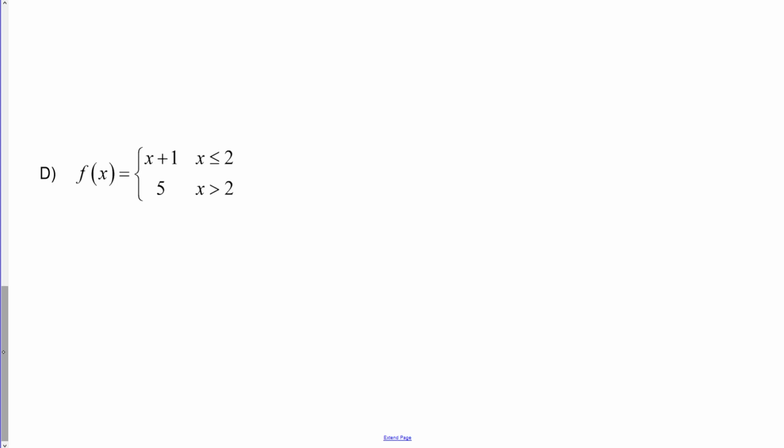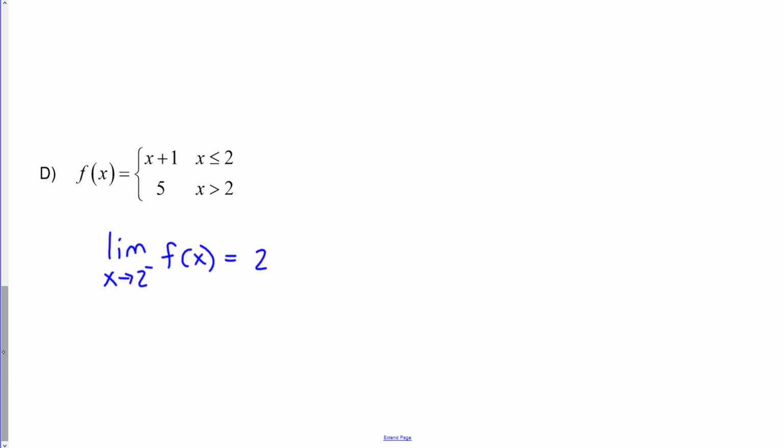So effectively what we need to do is just determine what's happening with the limit from the left and the limit from the right, see if it's discontinuous, if there's a jump in the graph. So if we look at the limit as x approaches this boundary point of 2 from the left, well, from the left-hand side, we're looking at values that are less than 2. So that means I'd be evaluating at the function x plus 1.